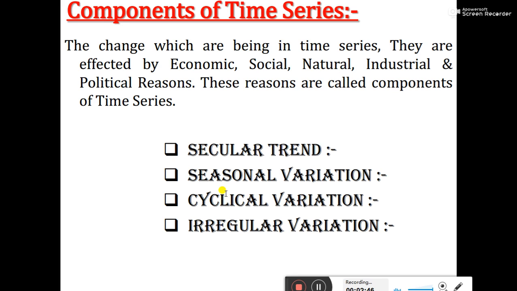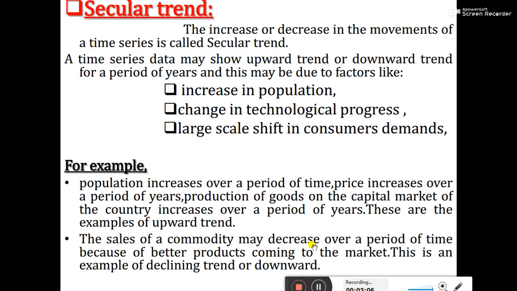Composition of time series, components of time series. The signs which are in the time series are affected by economic, social, natural, industrial, and political reasons. These are called components of time series: secular trend, seasonal variation, cyclical variations, and irregular variation. The increase or decrease in movements of a time series is called secular trend.